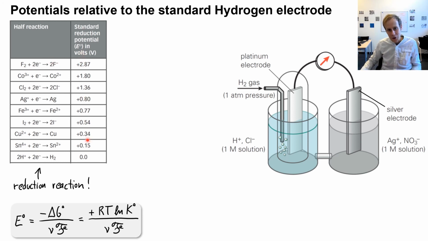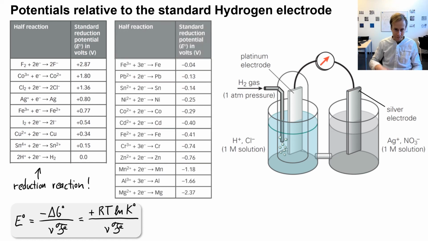And in the second column, you see the standard reduction potentials with respect to the standard hydrogen electrode, of course. For all these here, these are positive standard reduction potentials. That means those chemicals all attract electrons more than the protons in the hydrochloric acid solution of the standard hydrogen electrode do. So therefore, electrons will always flow from left to right here.